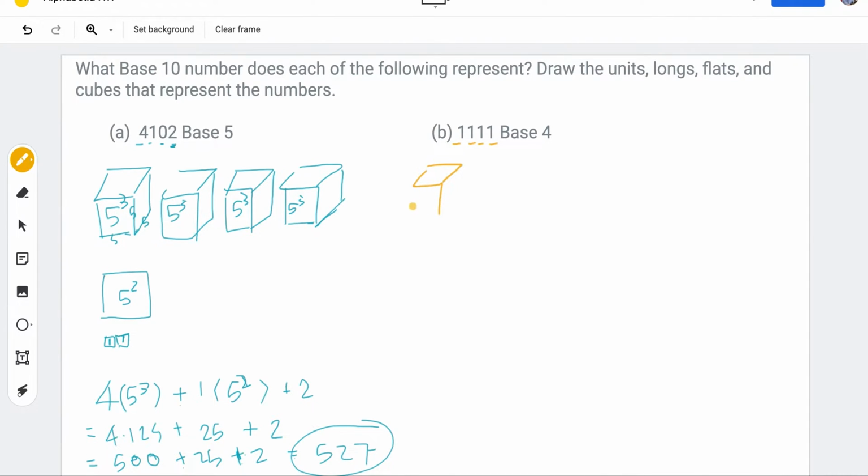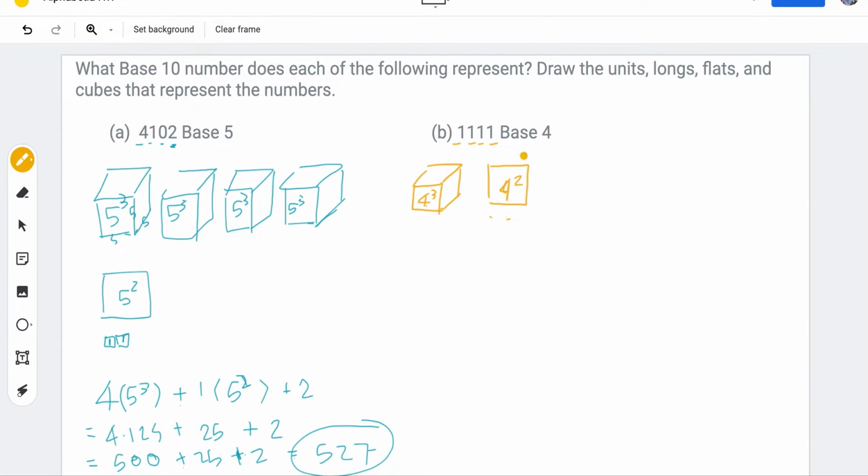In 1 cube, we know that there are 4 by 4 by 4 units. So it's going to be 4 cubed, right? In a flat, you have 4 by 4. So it's 4 squared. What's wrong with this writing today? 4 squared, right?